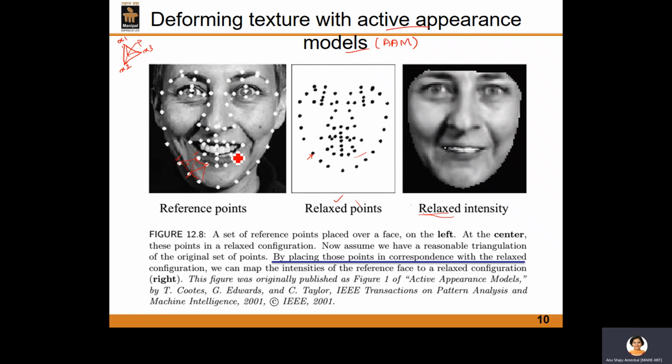In this particular figure, this reference points image that you see here is the image that we consider as S, or the source. And the relaxed points image is my target image, right? As we already know, the source and the target images have deformable objects, the object that has to be changed.